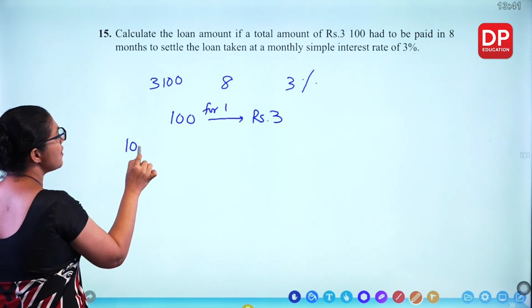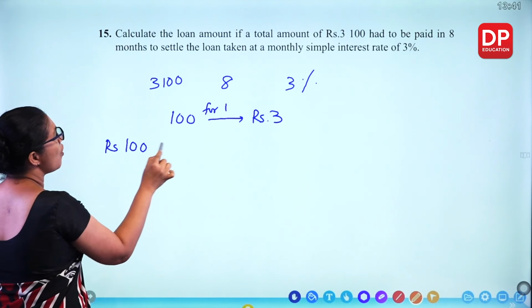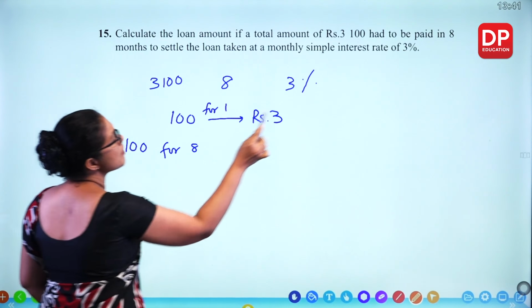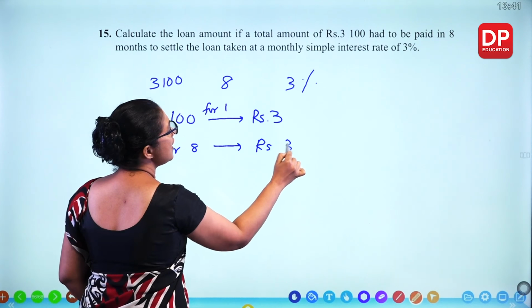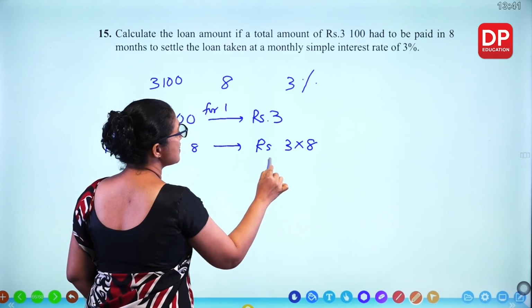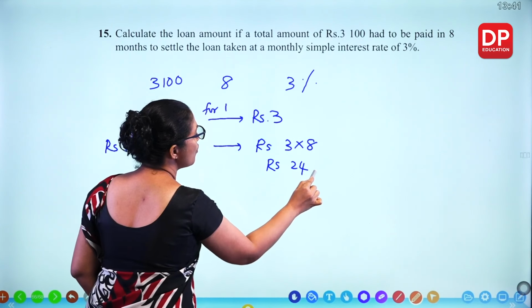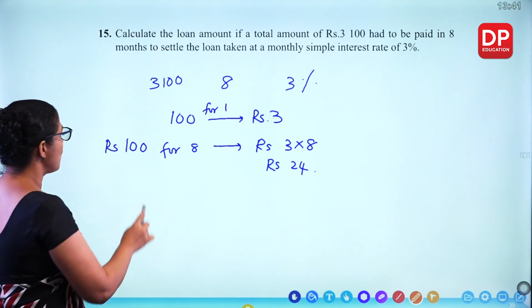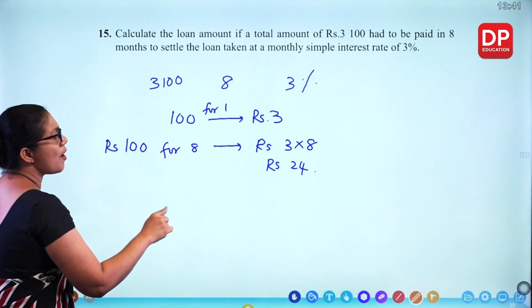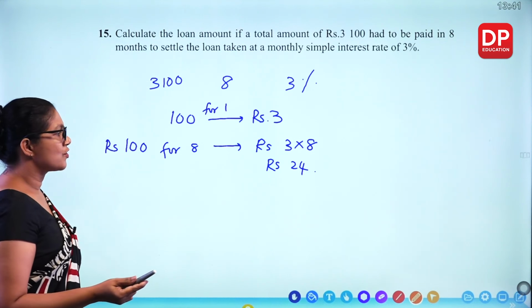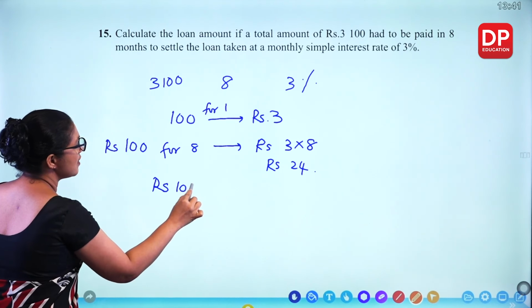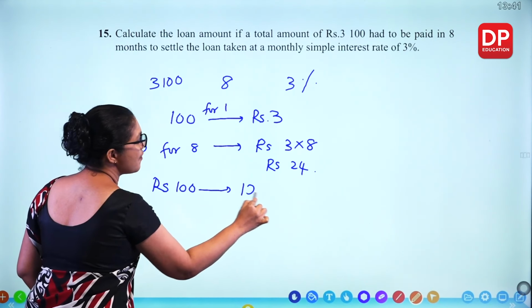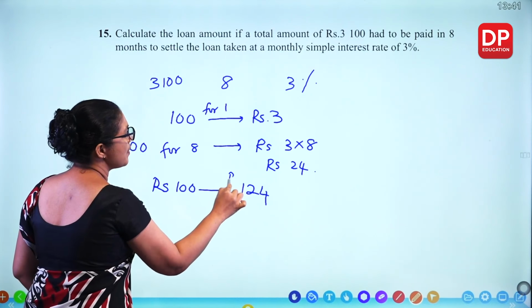What about 100 rupees for 8 months? Because it says for 8 months. So 3 into 8, that's 24 rupees. So if you are taking 100, you are paying 24 extra. So with the interest, you are paying 124 rupees.